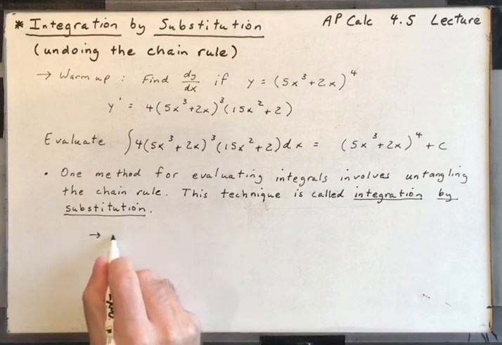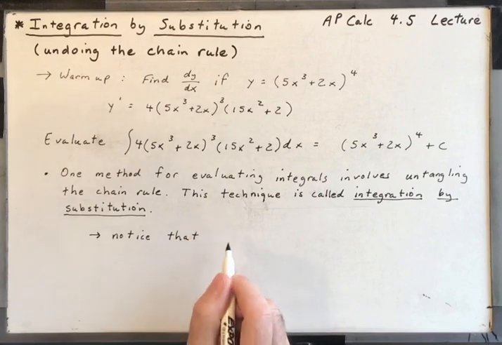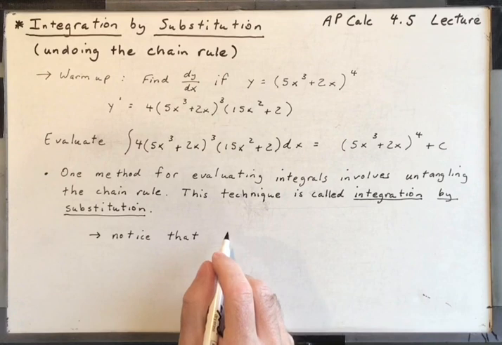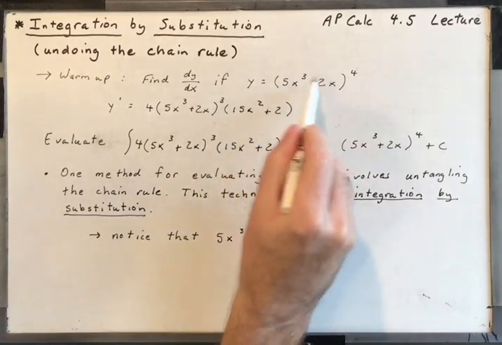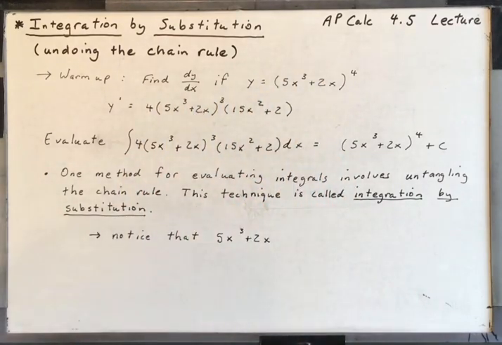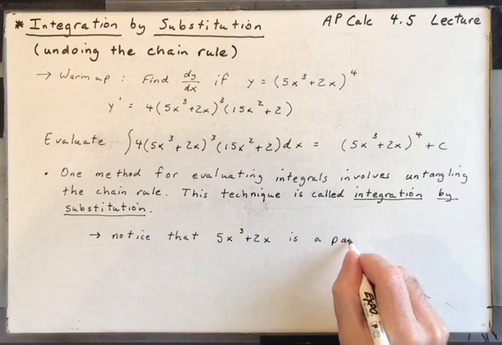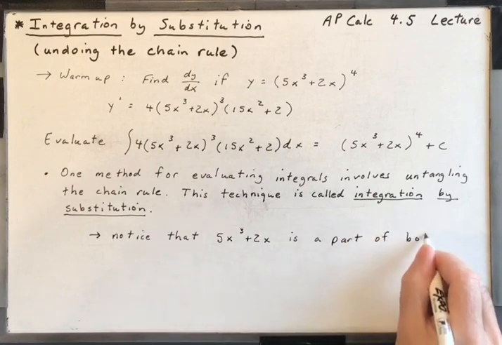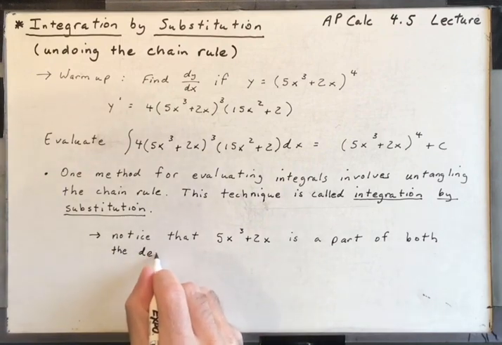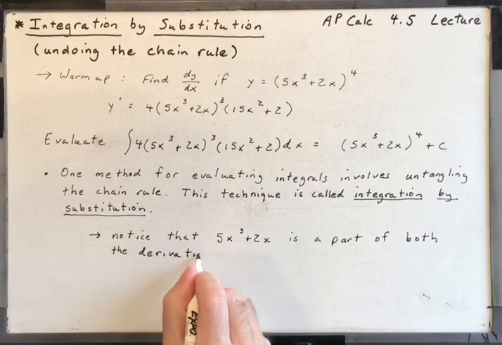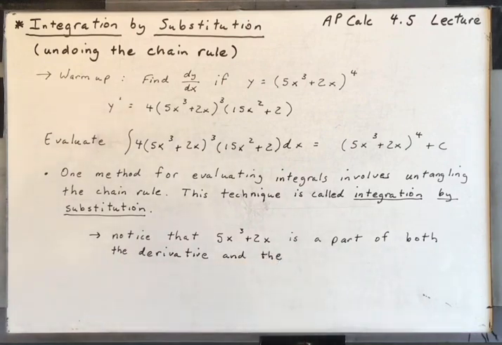All right, so I want you to notice that 5x cubed plus 2x, so I'm referring back to this problem up here, 5x cubed plus 2x is a part of both the derivative and the integral.